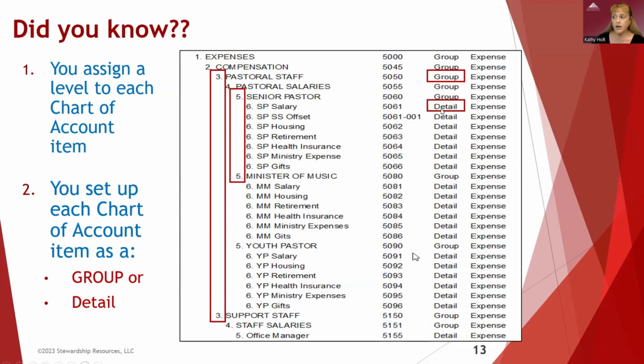So the detail chart of account items are the ones that you post amounts to. Now we suggest that you do the details in upper and lowercase. We also suggest that the details belong to only one fund. Group accounts can belong to multiple funds, but we suggest that the detail accounts belong to only one fund.